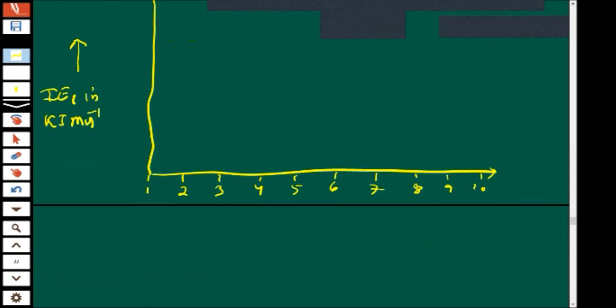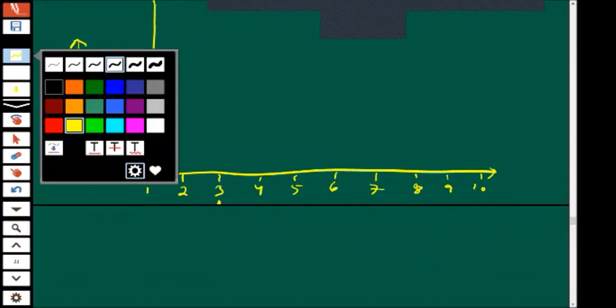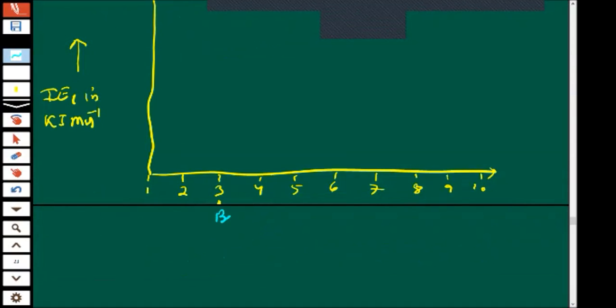Okay, children, these are from here actually. From here, these are second period elements.